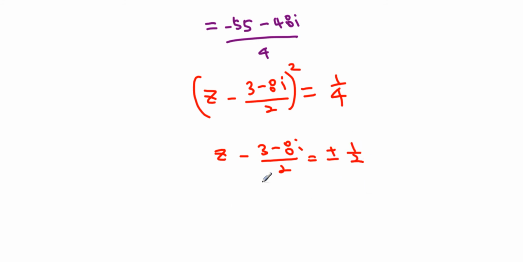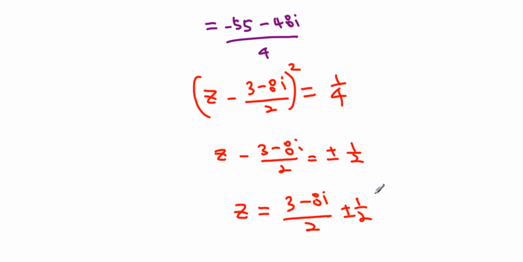So then, when I add 3 minus 8i over 2, then z becomes 3 minus 8i over 2 plus or minus 1/2.